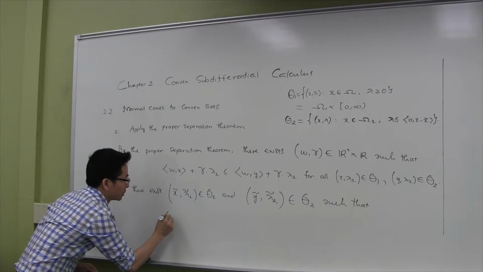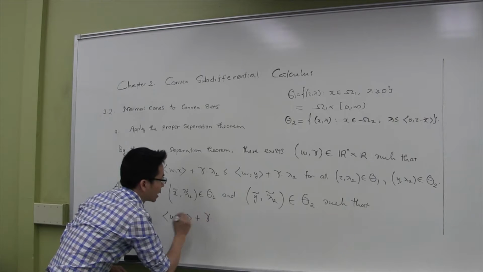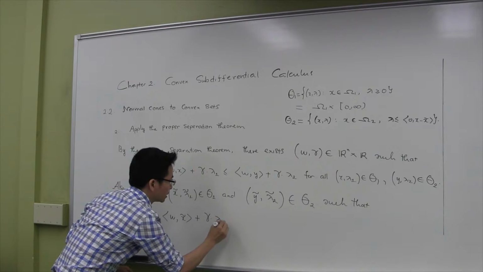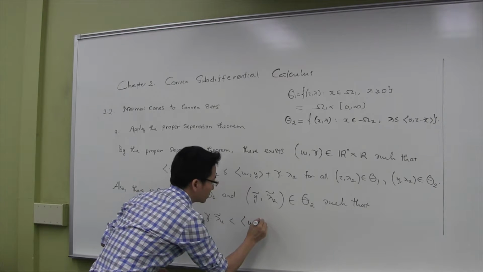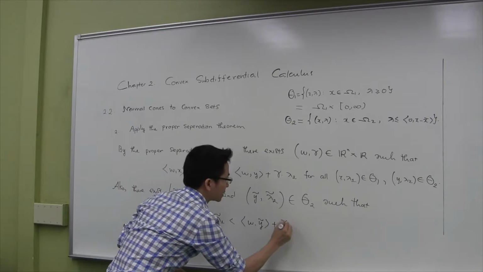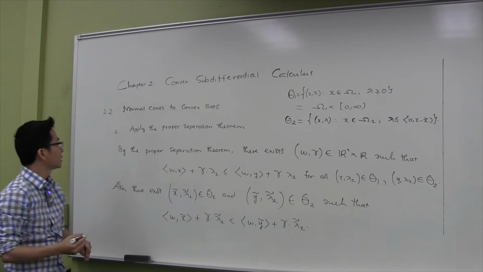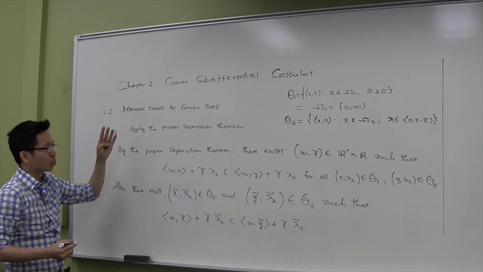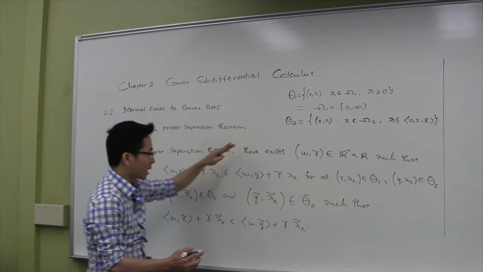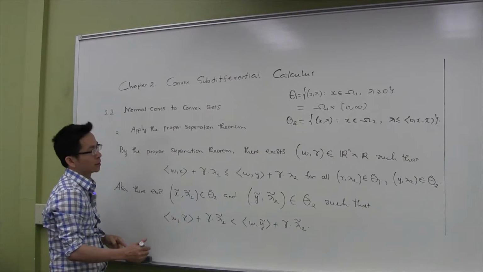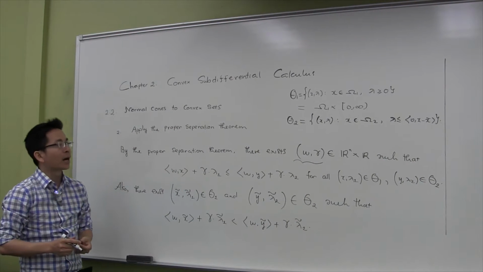The inner product of w and x tilde plus gamma times lambda 1 tilde is strictly less than the inner product of w and y tilde plus gamma times lambda 2 tilde. So in this step we apply the proper separation theorem to the sets theta 1 and theta 2 and obtain these results. Here we have an element in Rn times R.